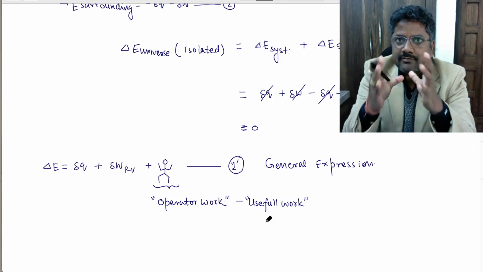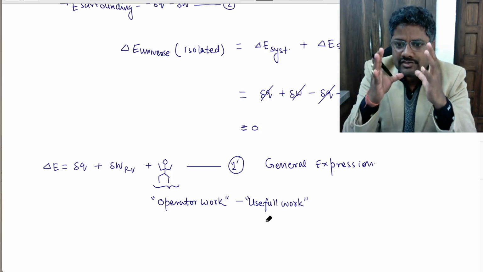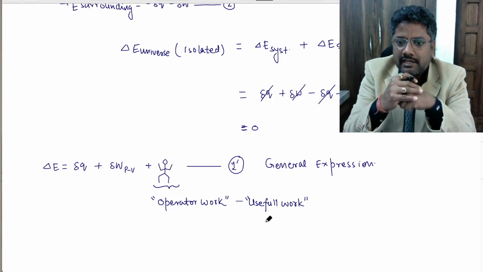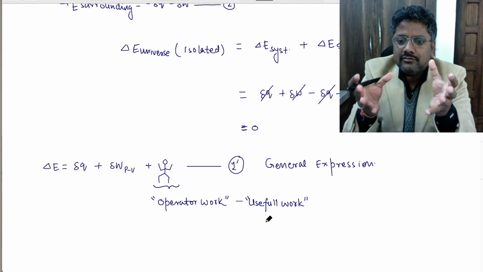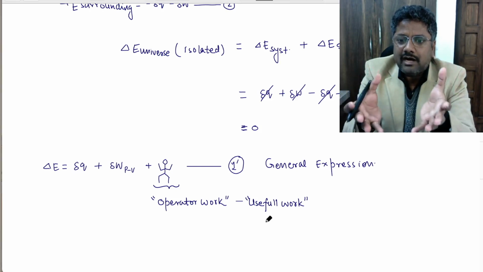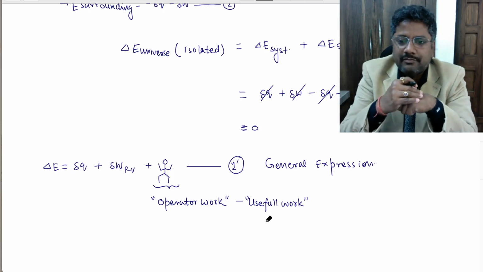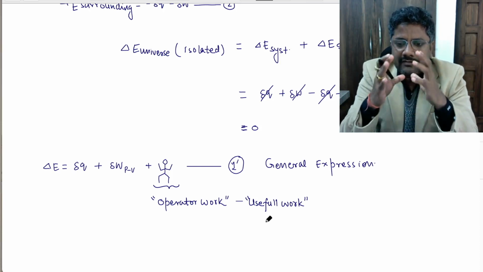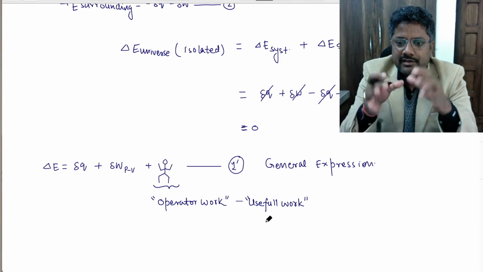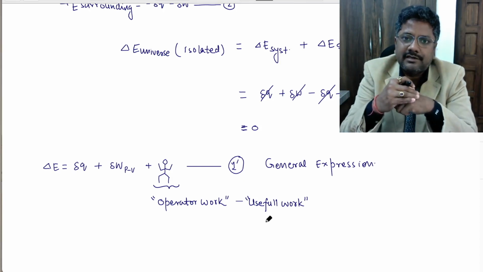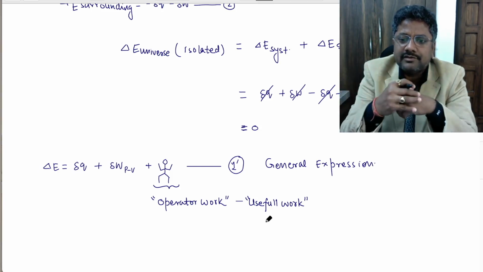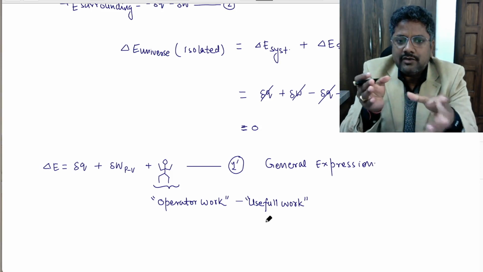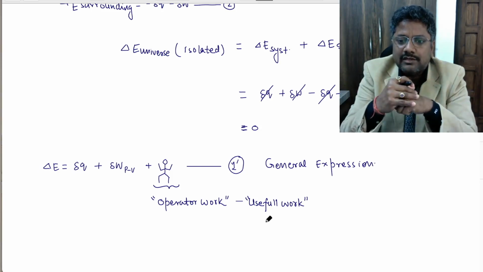Suppose you have a large cylinder in which gas is enclosed at a high pressure, and you want to lift some mass up to the first floor of your building. You put that mass over the piston.